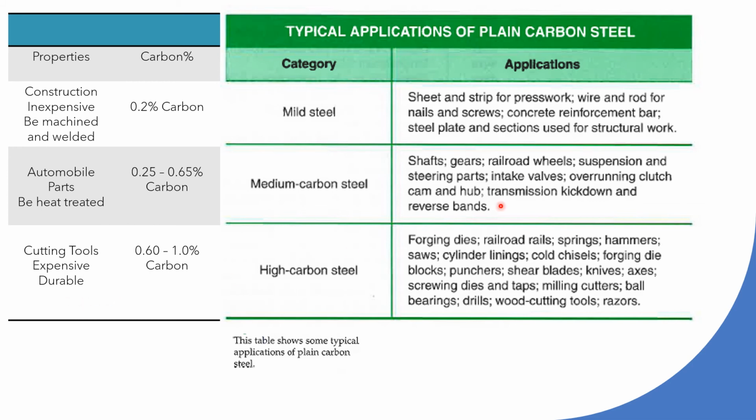Here you can read; I don't want to read all of that for you. This just shows where we use the stuff. For high carbon, because it's very durable, we use it in wood cutting tools, razors, drills, milling cutters, and so on.